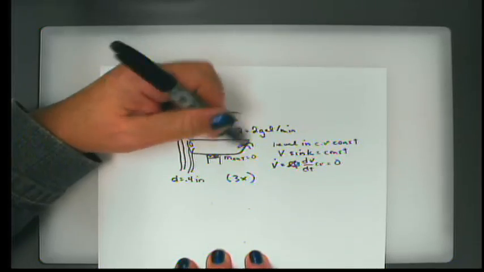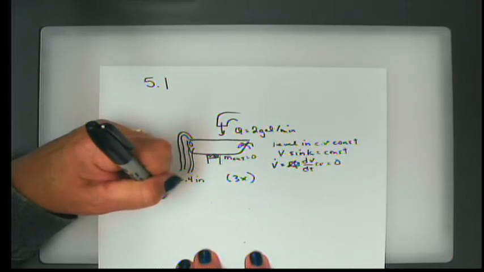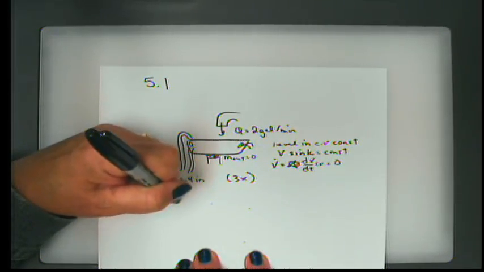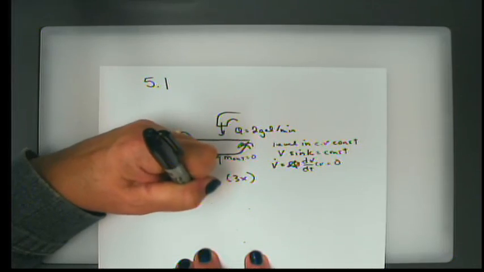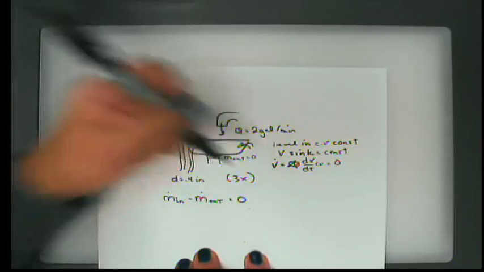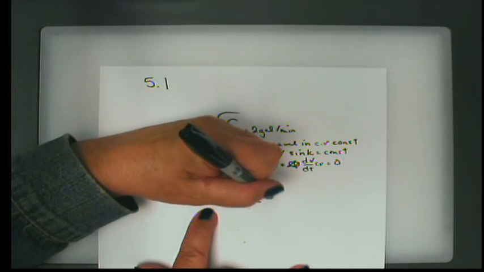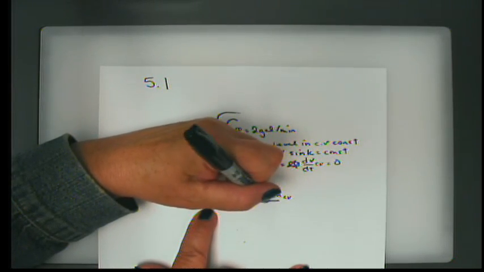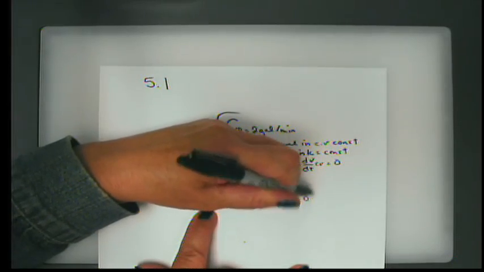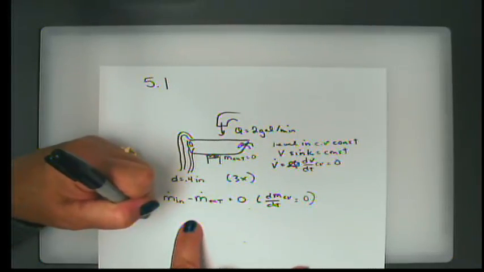So if we call the sink our control volume, we can say that the mass flow rate in minus the mass flow rate out is equal to 0, because dmcv/dt is equal to 0.